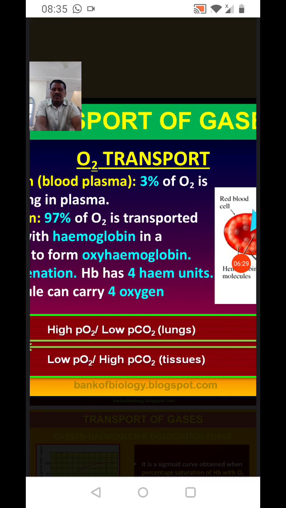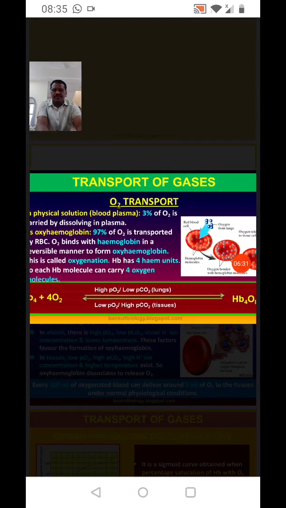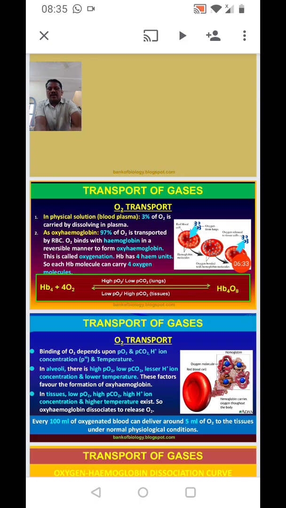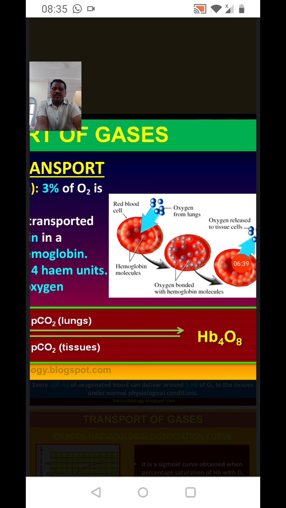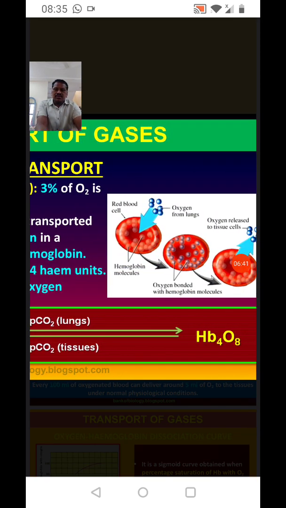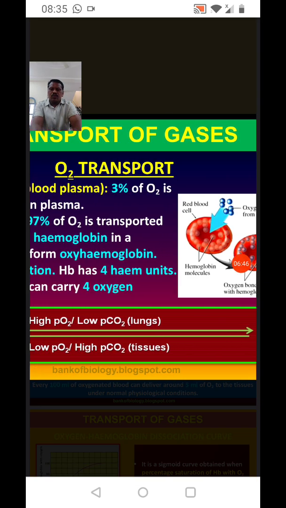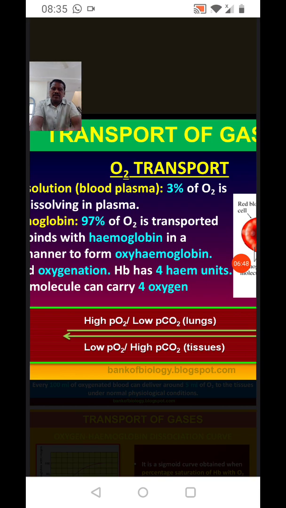So this is the reversible reaction, right? At the lungs, at the alveoli, hemoglobin and oxygen form the oxyhemoglobin, but in the tissues, this oxyhemoglobin dissociates into oxygen and hemoglobin. The dissociated oxygen diffuses into the tissues, right? This is the transport of oxygen.